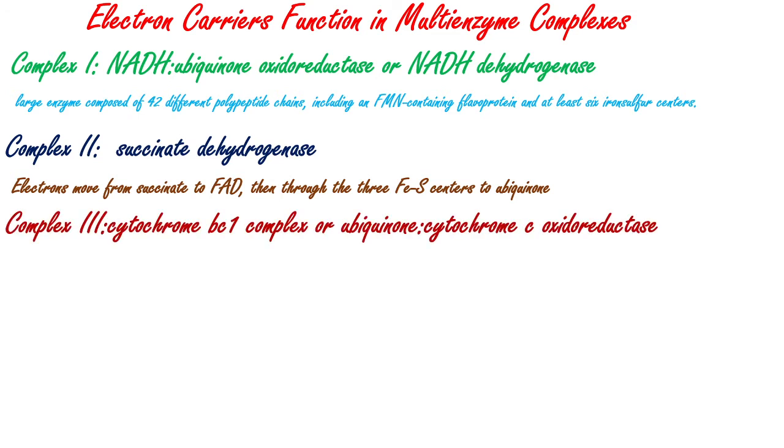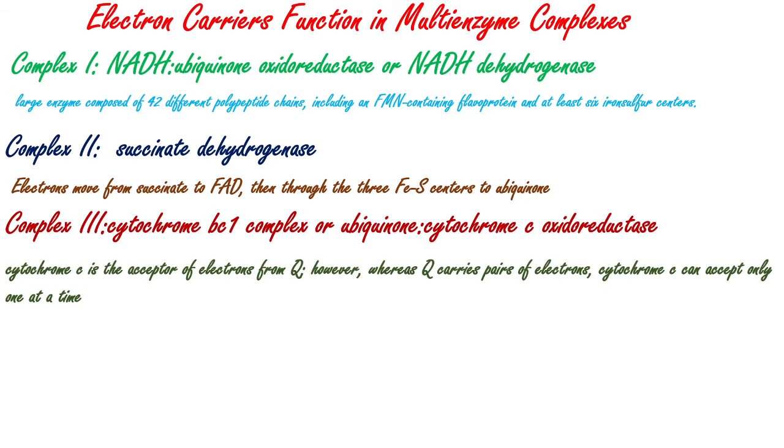The third complex is the cytochrome BC1 complex or ubiquinone cytochrome C oxidoreductase. Cytochrome C is the acceptor of electrons from quinone. However, quinone carries a pair of electrons, and cytochrome C can accept only one at a time.